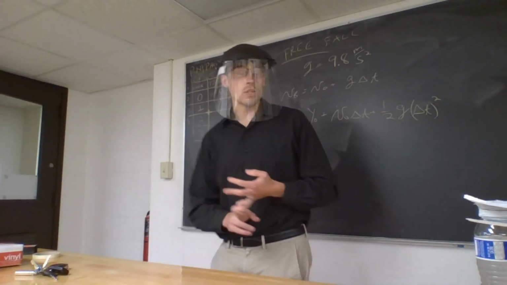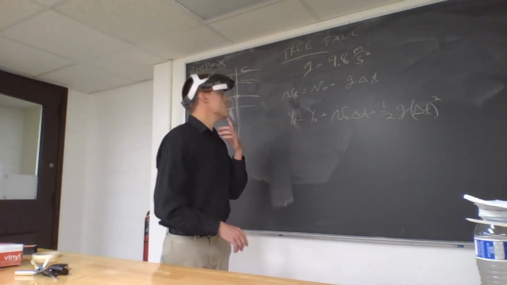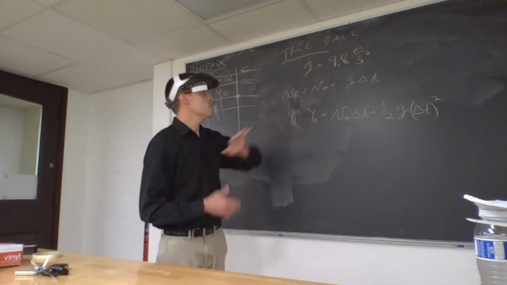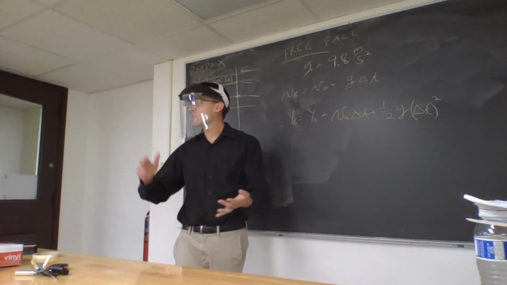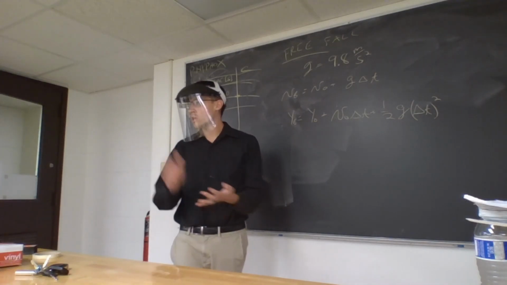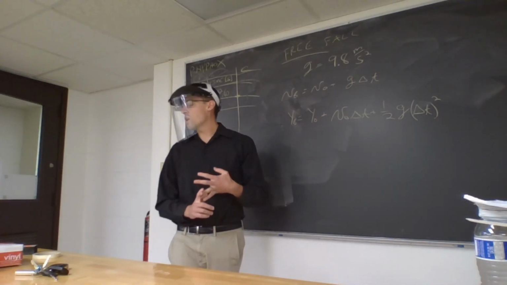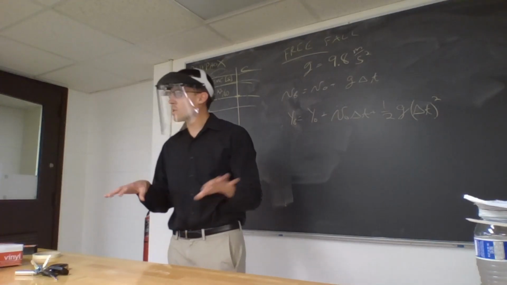Okay, so there's a couple other things that you should know about g, just that it is relatively independent of elevation and where you are on the Earth. So it'll vary a little bit from one place to another.